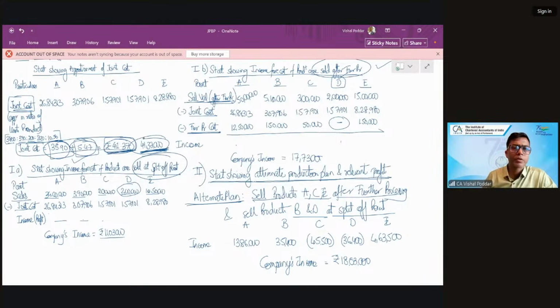Perfect, Geeta. Wow. Jaya has given me the profits. Family has also given me profits.